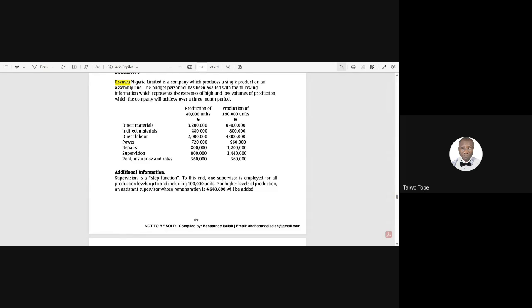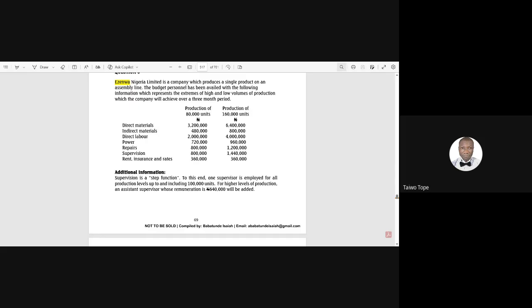Your rent and insurance and rates, you also apply in that line. You also solve in that line. But for rent and insurance, there is no story related to that.